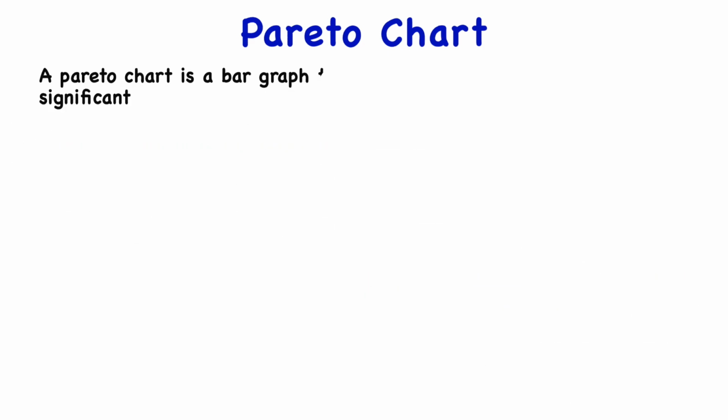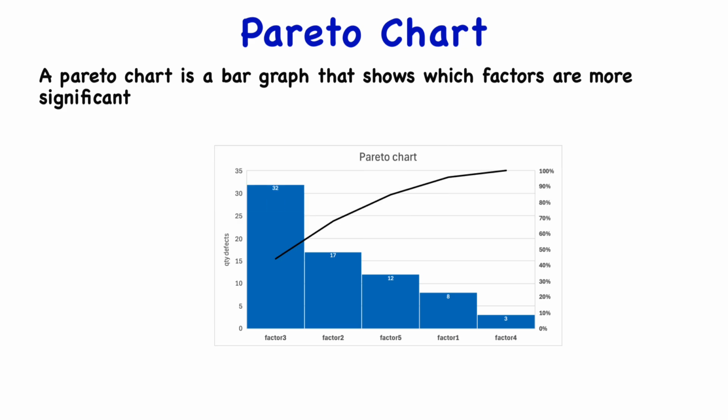Pareto Chart. A Pareto chart is a bar graph that shows which factors are more significant. The length of the bars represent frequency or cost and are arranged with the longest bar on the left and the shortest bar on the right. And it has a second component, a cumulative line that represents the total defects or costs when it reached the far right bar.